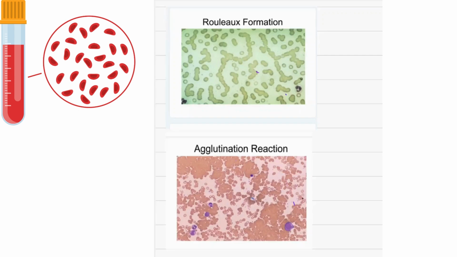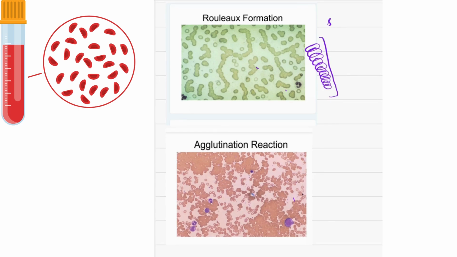These are two different patterns in which RBCs stick to each other. Here you can see that they are stacked like coins, one coin on another, like we used to play games in our childhood. Yeah. So this is a very specific pattern, a stacking coin-like pattern. Okay.